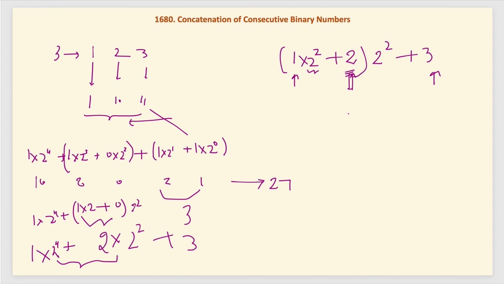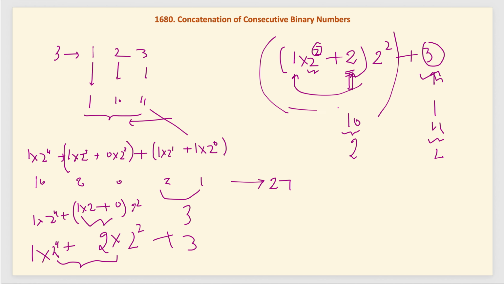If we convert 2 in binary, which is 10, the length of this number in binary is 2. Similarly, 3 in binary is 11, which has length 2. So that's the reason we multiply by 2 power 2 here. Once we sum up these two, we are adding the new number 3. So this is the final sum we multiply by.